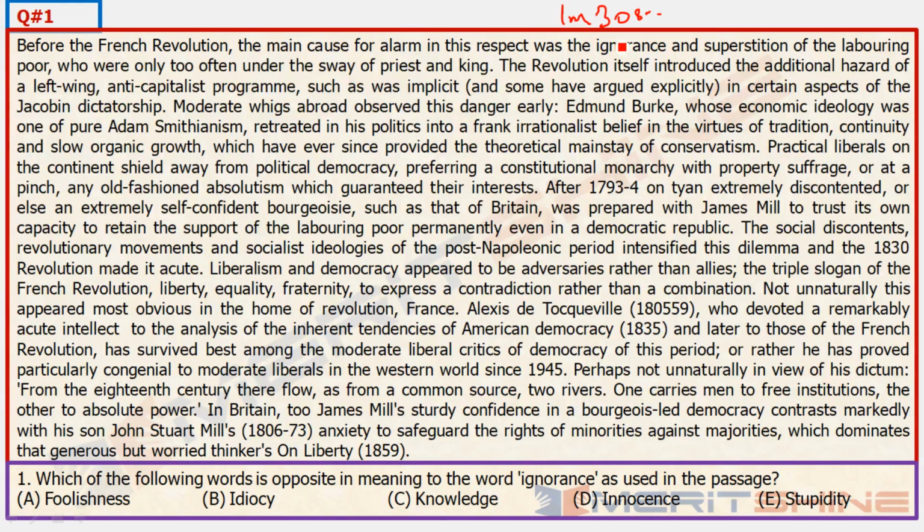So in this kind of passages, if you are not reading at a speed of at least 300 words per minute, then your reading speed is seriously slow. With a reading speed of less than 300 words per minute, you're not going to crack as competitive an exam like IBPS 2018 or any banking exam or any exam that has such a huge competition waiting for you.